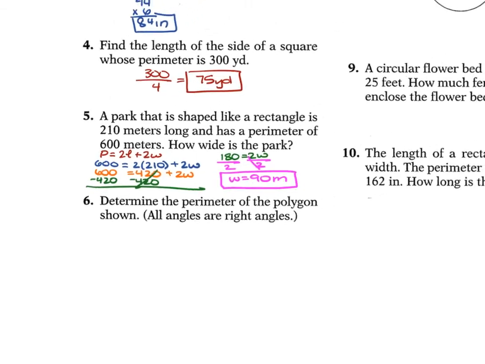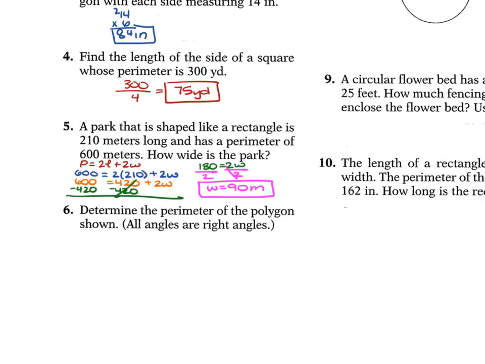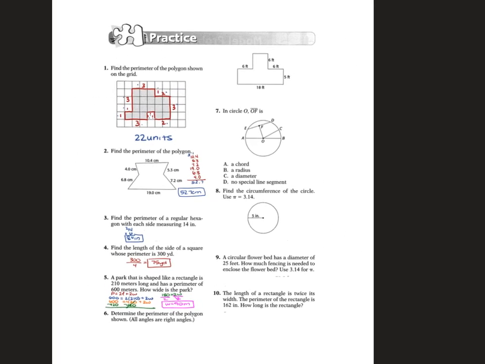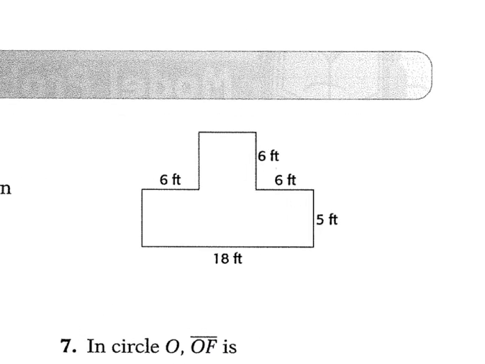For 6, this is determine the perimeter of the polygon shown. So that's up top here. So this is 5 feet. This is 6 feet. 6 minus 6. So 12. We're subtracting 12 from this 18 to get that top, which is 6 feet.